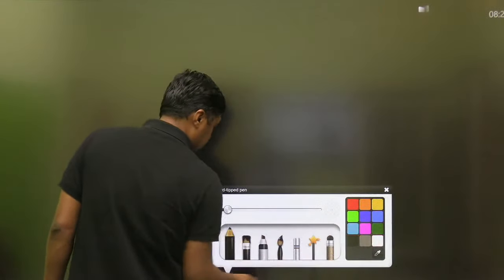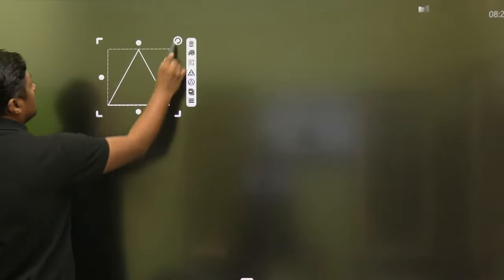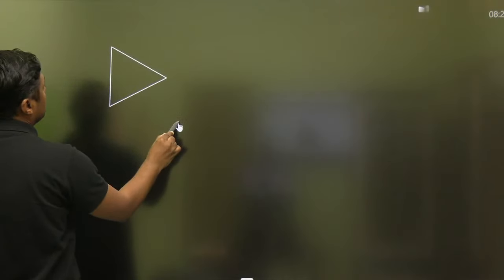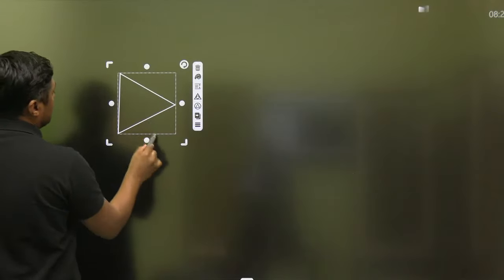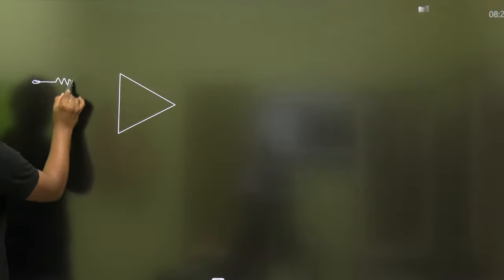And what is the advantage of this diagram? Now, this is the 1 kilo ohm resistor.